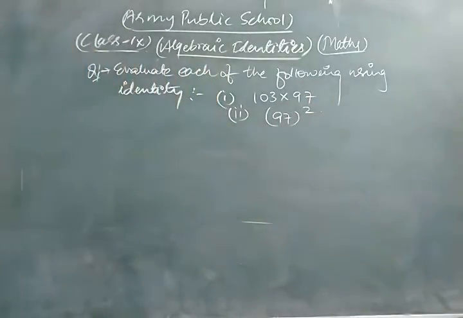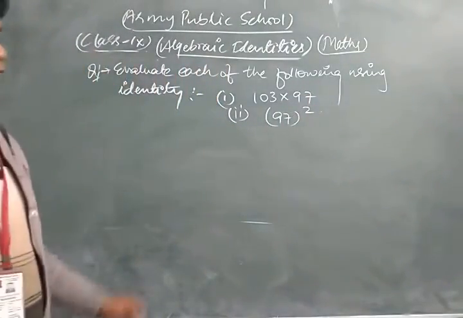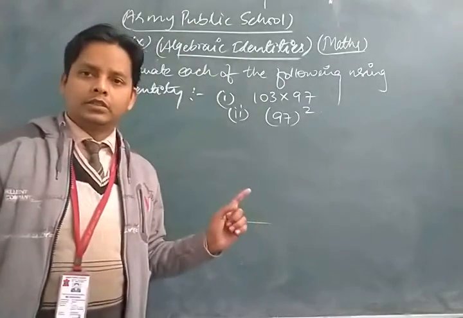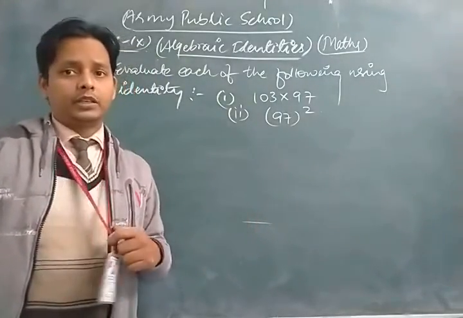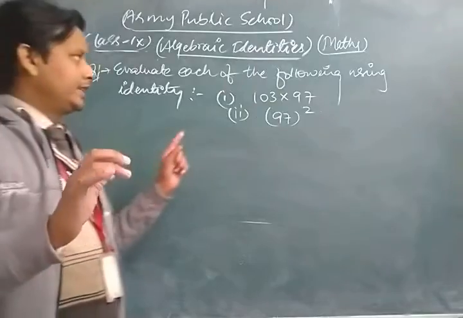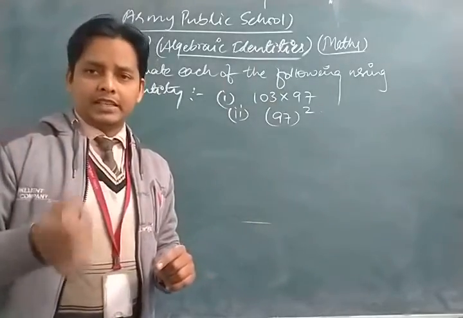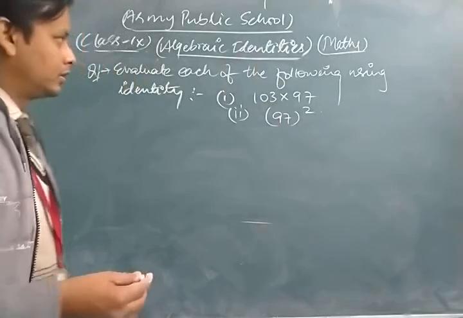Okay, so dear friends, these are the questions, and what do I do for that? Now we just evaluate each of the following by using the identity, meaning algebraic identities. So let's see its solution.